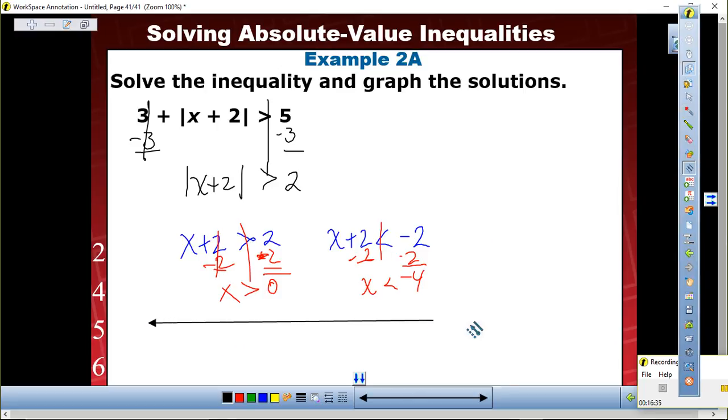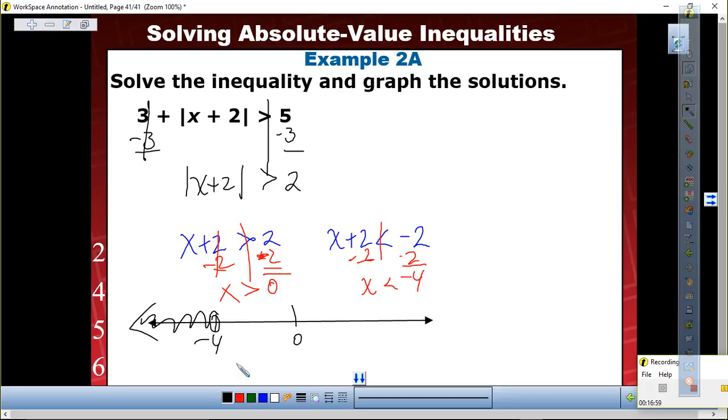Right. Brennan, help me graph this. Negative 4. Maybe draw the circle open. X is less than negative 4, left. And the x is greater than 0, which way?